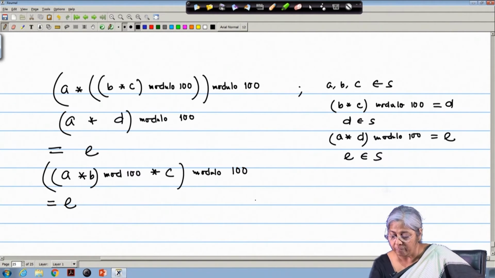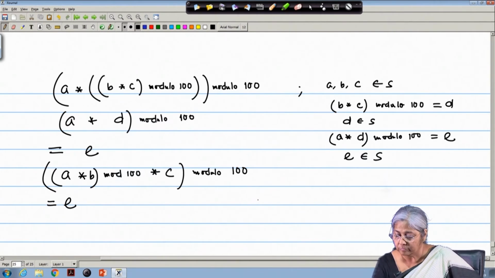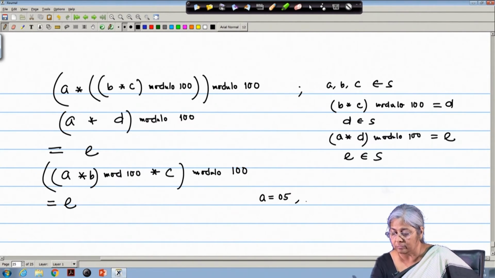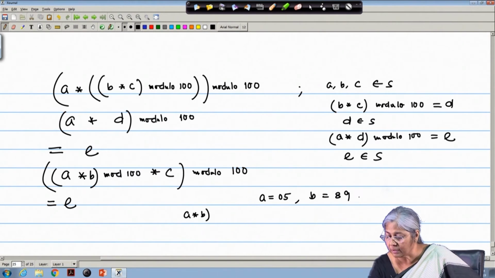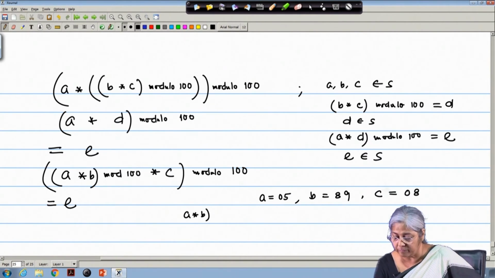We take some examples. Say A is 05, I take B is 89, and another value, say C equal to 08.